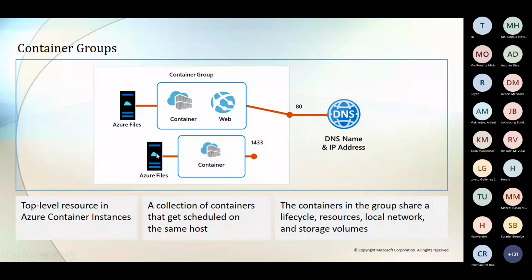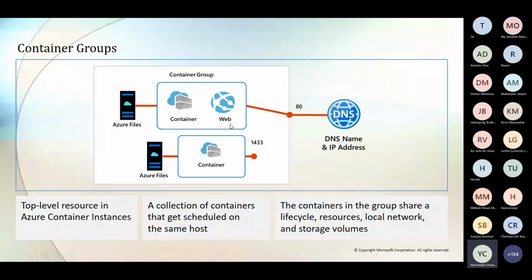One is port 80, another is 1433. Suppose the DNS name is total.net; total.net colon 80 goes here, total.net colon 1433 goes to this container. The container group shares a life cycle, resources, local network, and storage volumes. Both are sharing the local network and storage volumes, no problem.